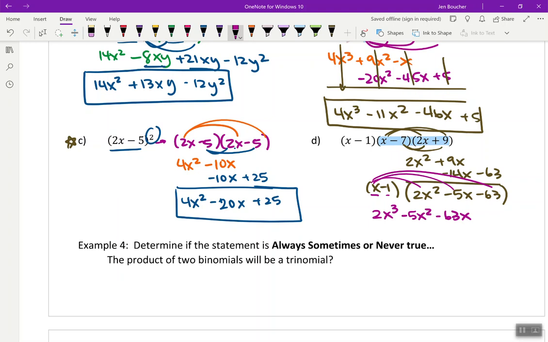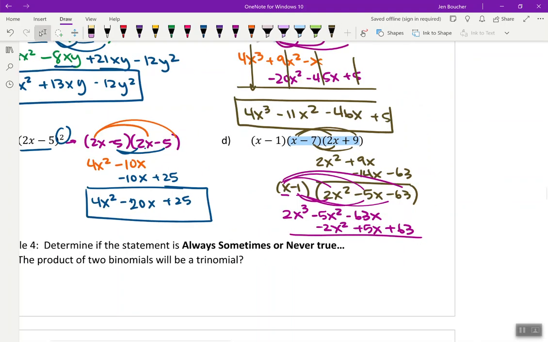Now let's distribute that -1. -1 times 2x squared is a -2x squared, plus 5x, and plus 63. Okay, I'm running out of space here, but I think we can finish this off. Let's add those together.